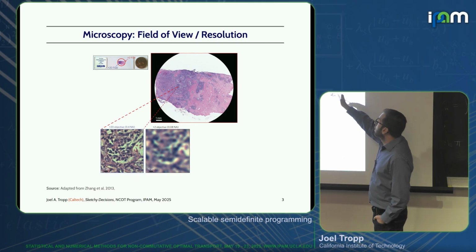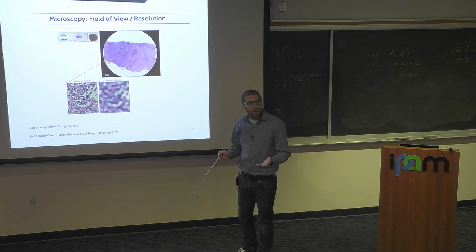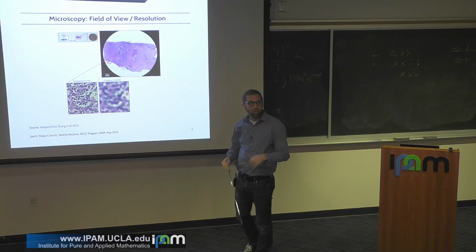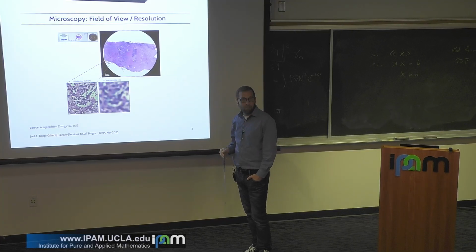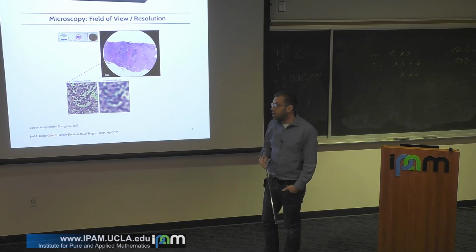You can see this, we have a slide here with a picture of some tissue, and you can either image the whole slide at low resolution using a 2x objective, or you can image a very small region with high resolution using a 20x objective. But if you want high resolution across the entire field of view, you have to scan the objective over the entire image, which requires a mechanical microscope setup, which can be time-consuming and can cause a lot of problems.